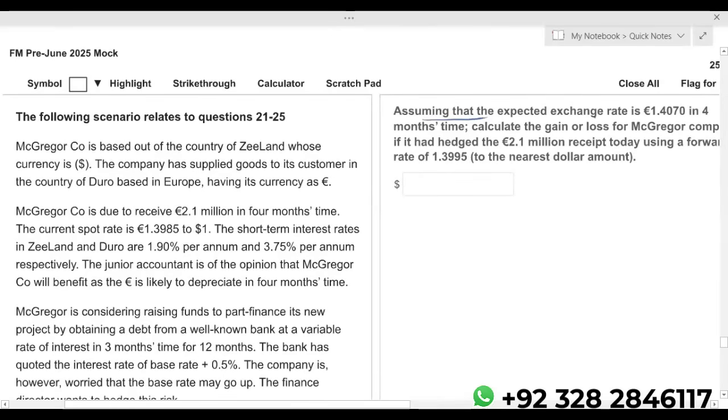Assuming that the expected exchange rate is euro 1.4070 per dollar in 4 months' time.